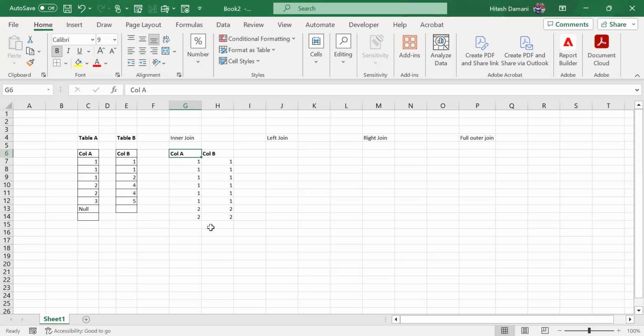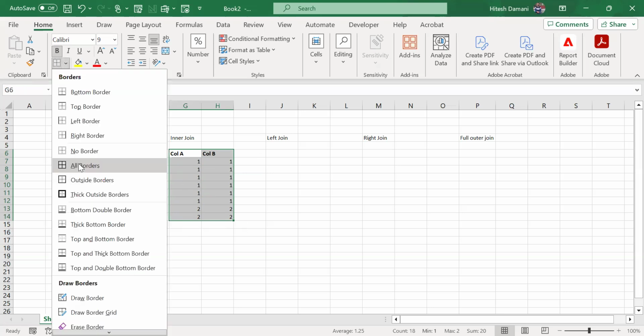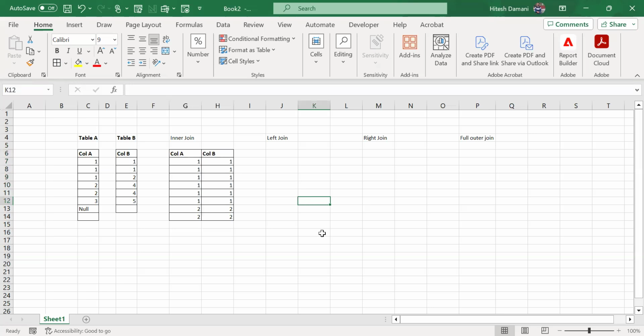Basically, a null value of a particular table is not comparable with the null value of the second table, right? So this null will not be matched with this null, right? That means the inner join between these two tables will contain this as its result set, right?